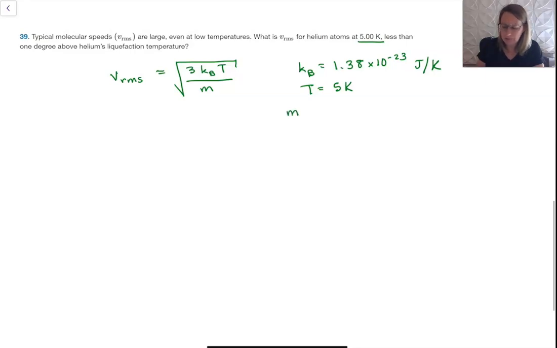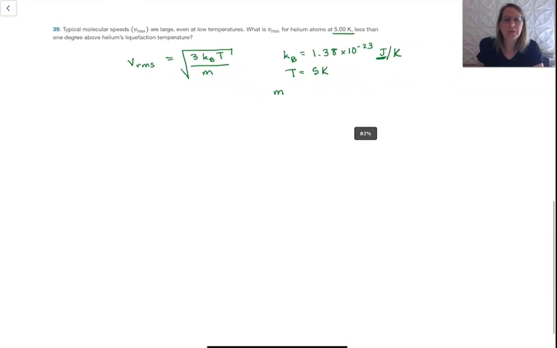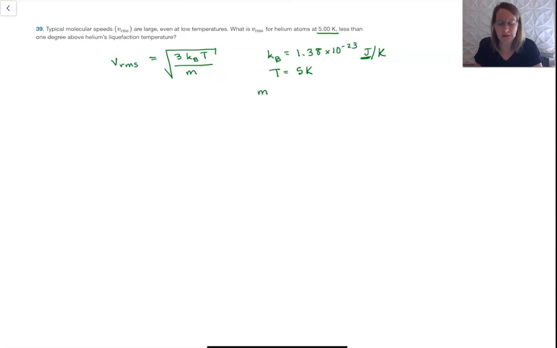Because we're in joules, which is newtons times meters, our mass needs to be in kilograms. Helium has a mass of 4 AMU, just look it up on your periodic table. And an AMU is the mass of a proton, so I have to look that up. It's 1.67 times 10 to the minus 27 kilograms.